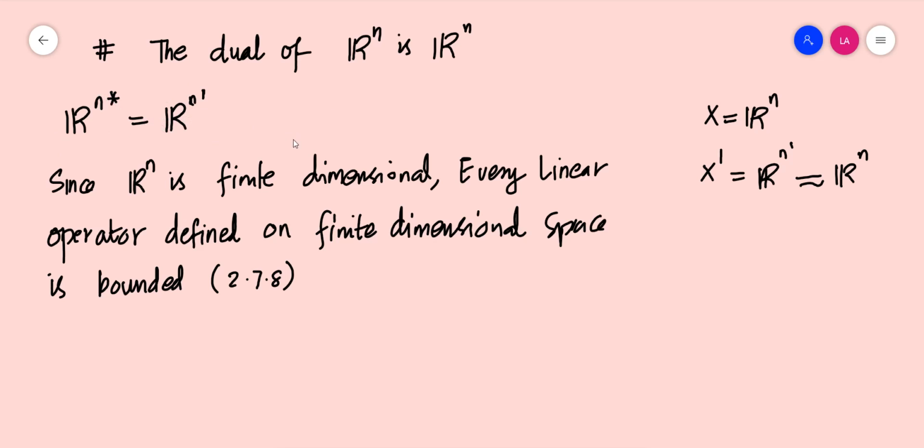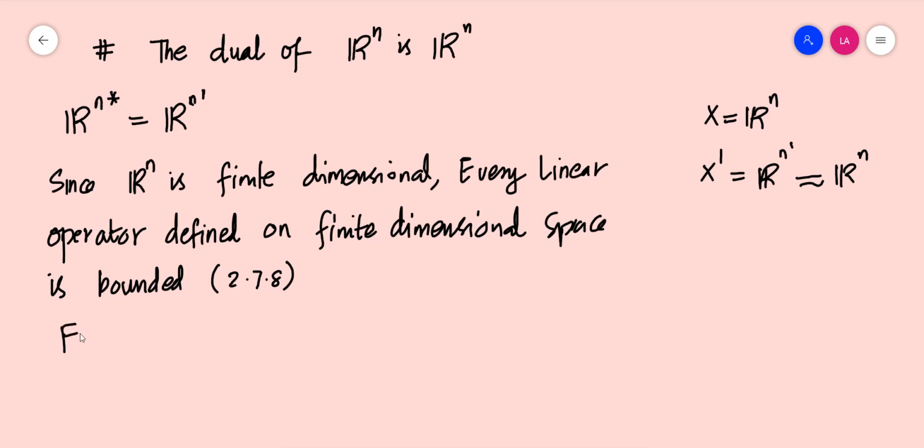Our objective is to prove that the dual of Rn is Rn itself, or in other words, to obtain an isomorphism from Rn dash onto Rn. Before getting into much detail, we need some knowledge about the linear functionals defined on Rn.